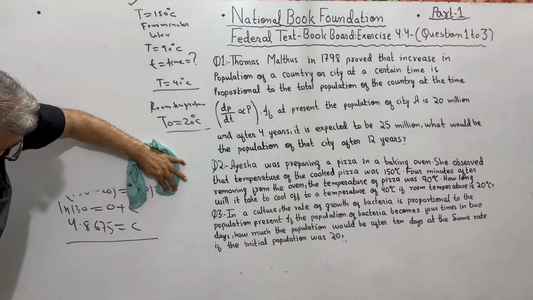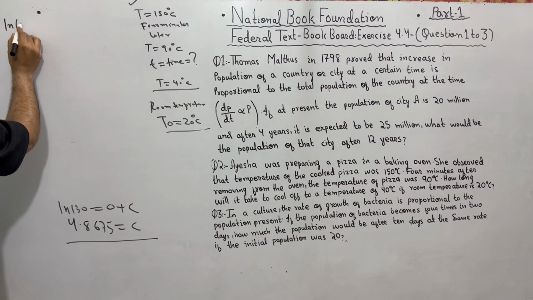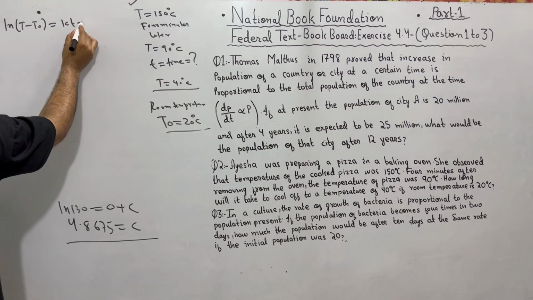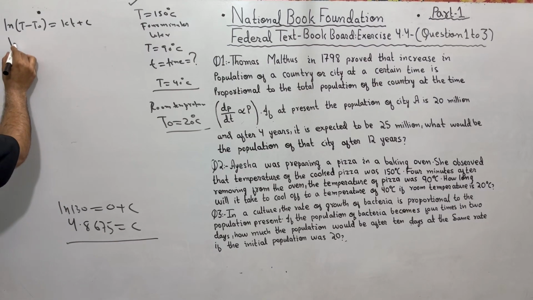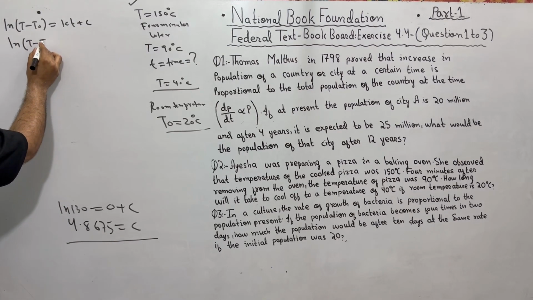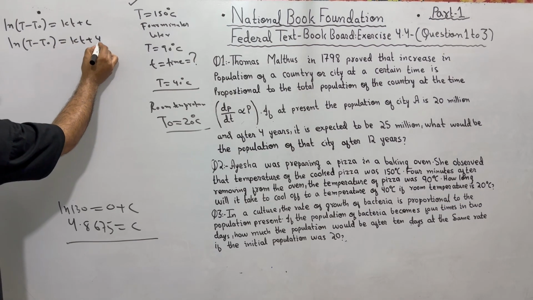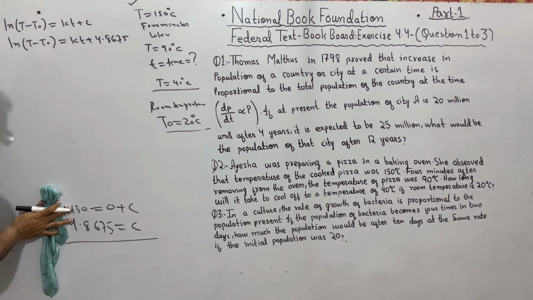So ln of T minus T naught is k times t plus C, where the value of C is 4.8675: ln of T minus T naught equals kt plus 4.8675.